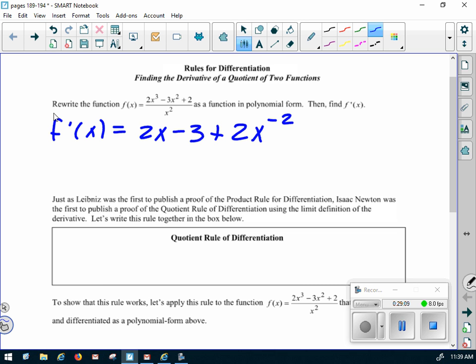Ladies and gentlemen, when you have a problem like this, rewrite the darn thing as a polynomial type function and take the derivative that way. Don't use any other rule. Do you understand me? What's the derivative? Oh, whoops, I just wrote f prime. That's not f prime, is it? That's just a rewrite. What's the derivative?